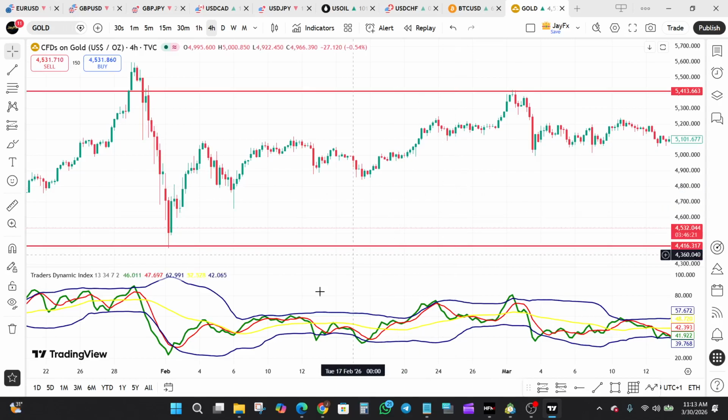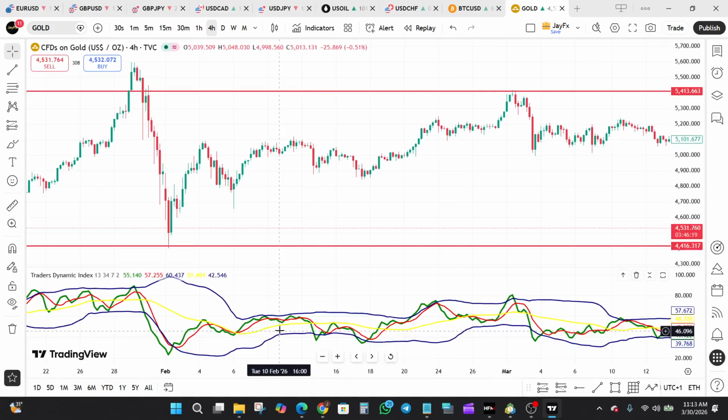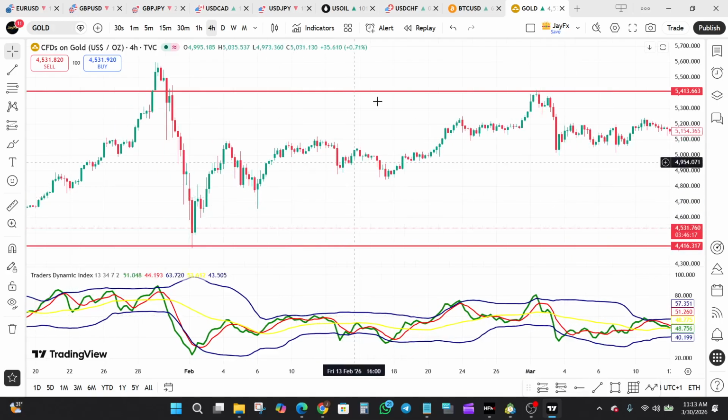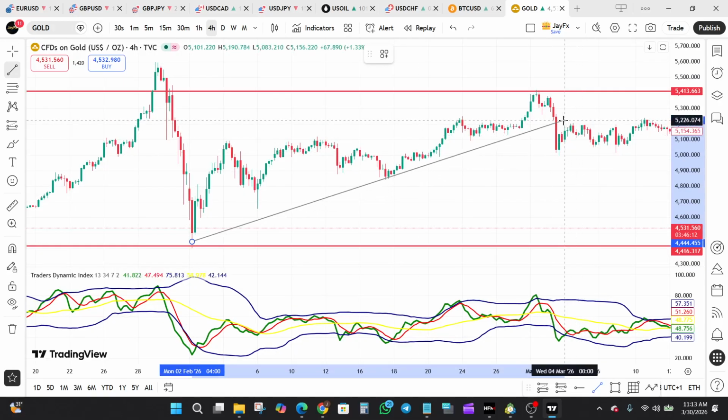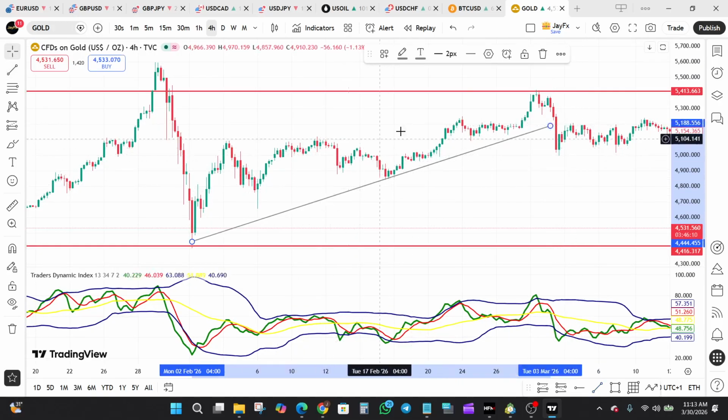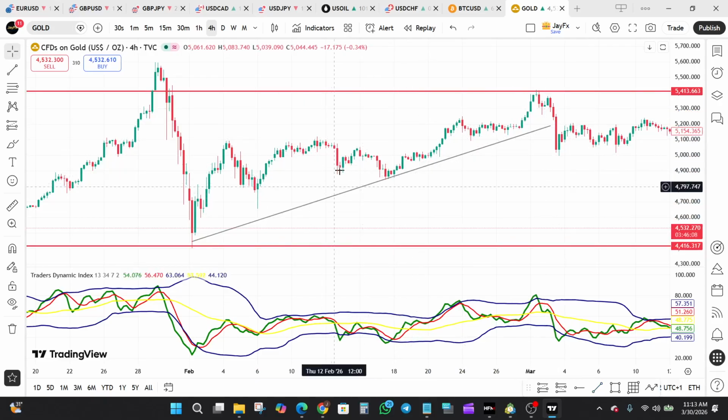For example, when the TDI line crosses in the direction of the trend, let's say we have a bullish trend in this particular direction, in this particular area. Then say you have a confirmation here, like the green crossing above the red, bouncing off this blue Bollinger Band, or volatility bands.